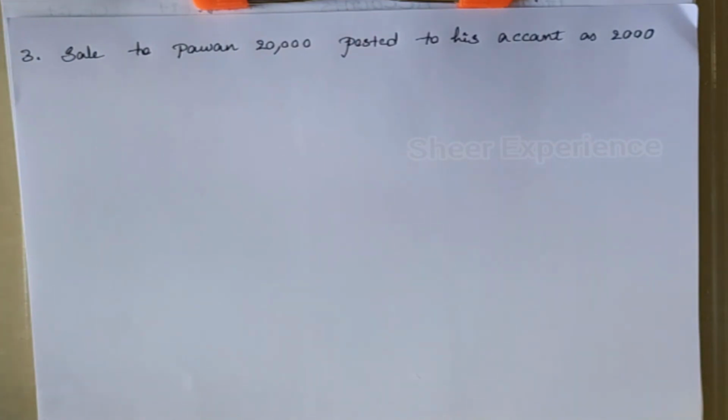Next error is sale to Pawan 20,000 posted to his account as 2,000. Sale to Pawan should be assumed as credit sales because they have not given it as cash sales. Whenever you see sale to customer name in the question and there is no mentioning of cash, assume it as a credit sale.